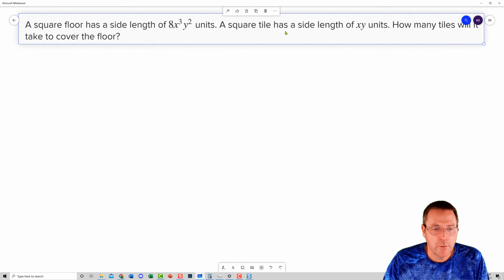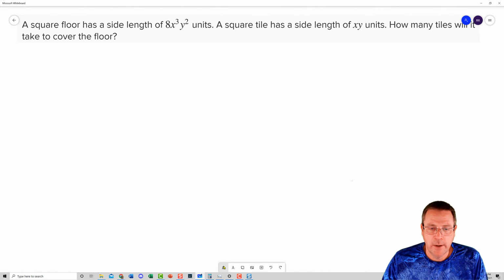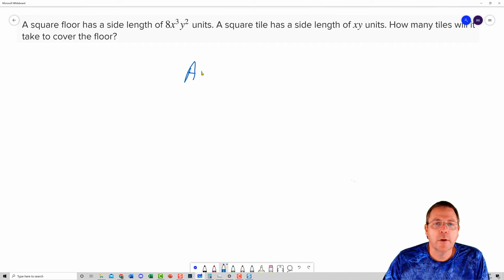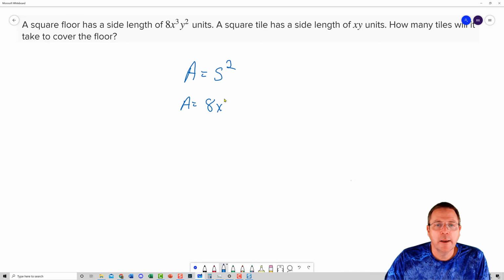It is a square, so the formula for the area of a square is going to end up being area is equal to side squared, where the side length is going to be 8x cubed y squared, all squared.